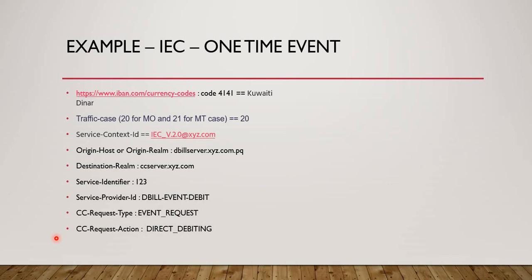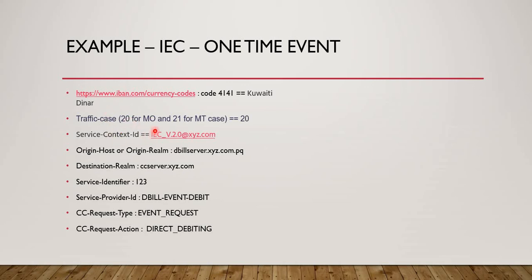If you try to subscribe, the charging element will send traffic case as 20, and for 20 the MCA server will come to know that this is a subscription request and I have to charge for this particular SMS. Parallelly, a separate request will come to the MCA for subscription related information. That is a different story.